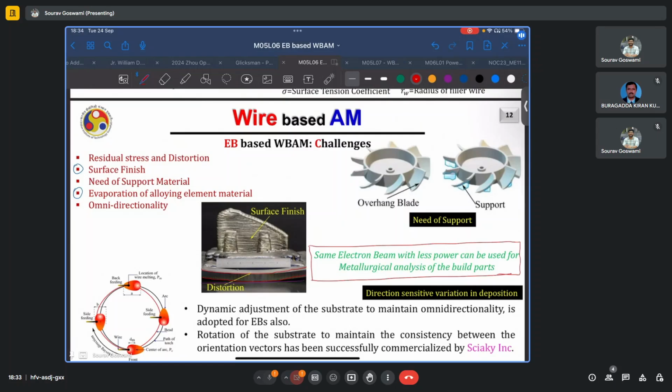Thus, the beam of electrons, which is already available here, may again be impinged at a lower energy to extract useful metallurgical information. Sometimes the electrons which may reflect from the surface during the build cycle itself may be caught by certain detectors in situ during the deposition process and may be processed further for extracting useful information.